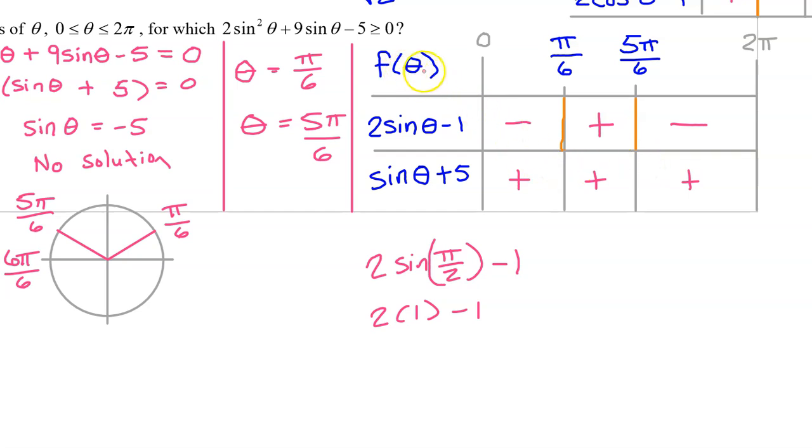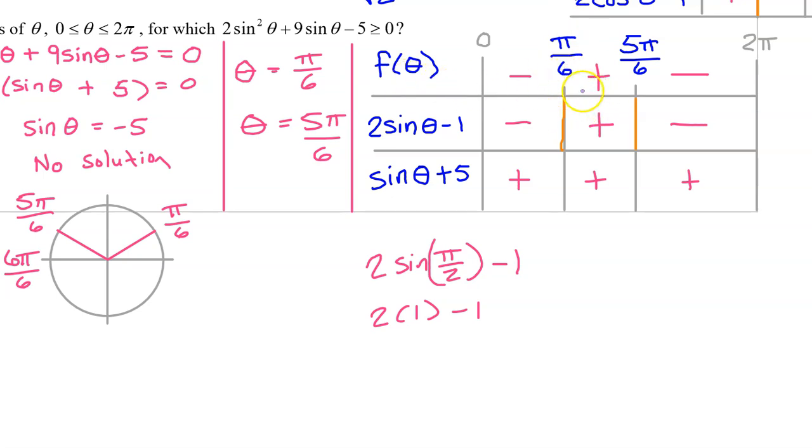What about the overall sign of f of theta? A negative times a positive is a negative, a positive times a positive is a positive, and a negative times a positive is a negative. We were looking for where f of theta is greater than or equal to 0. So we are interested in the interval where f of theta is positive or equal to 0.